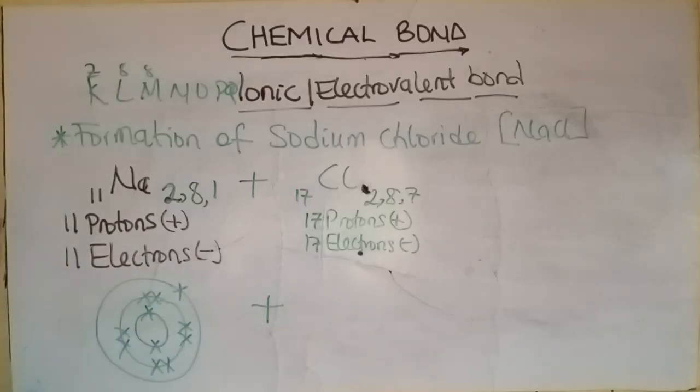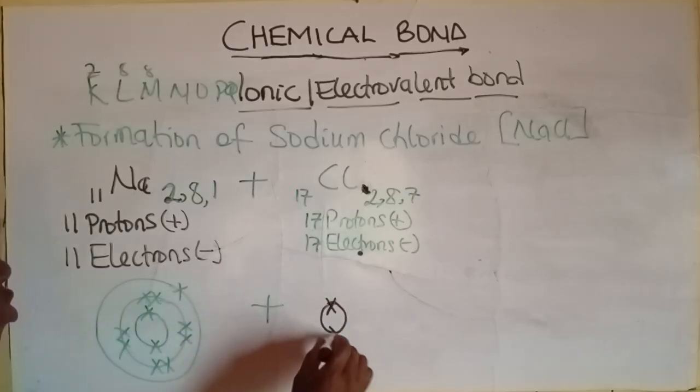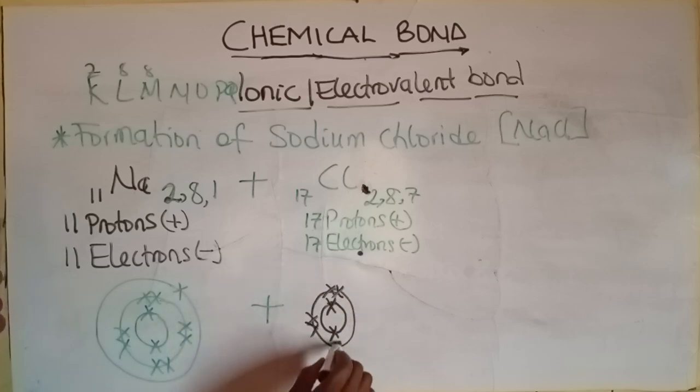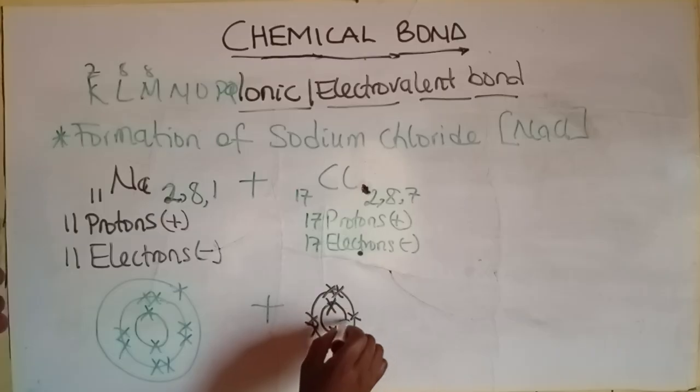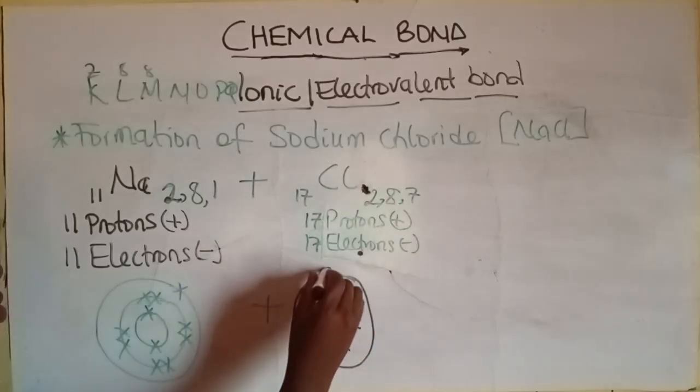Now for chlorine, the first shell, 2 electrons. The second, 8. While the last, 7.